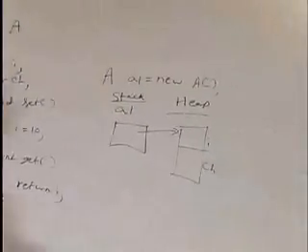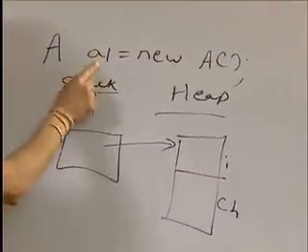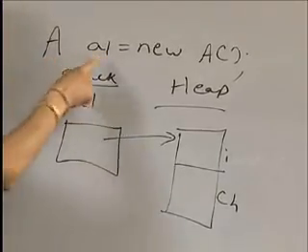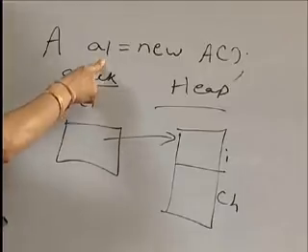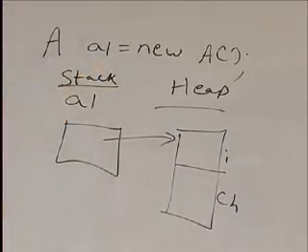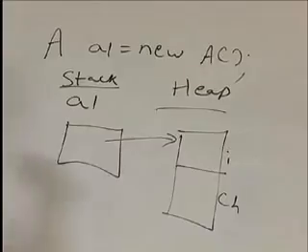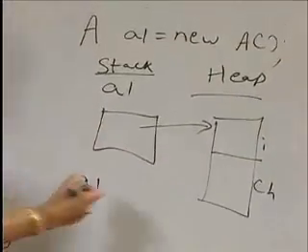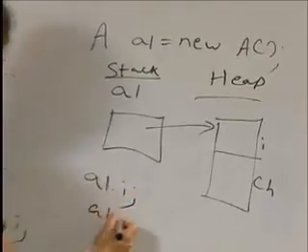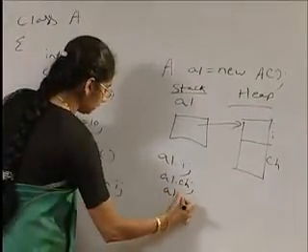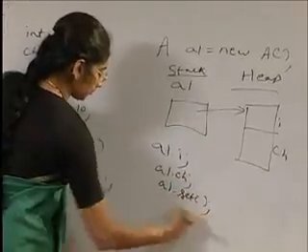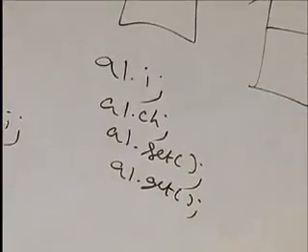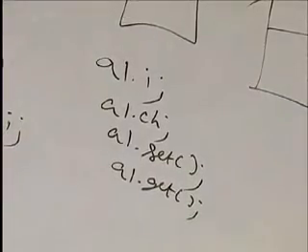So this particular variable A1, which is of type A, is called an object or an instance variable of a class. Using this instance variable, we then access the members of the class. It could be a variable or it could be a method. So this is how we access the members of a class.